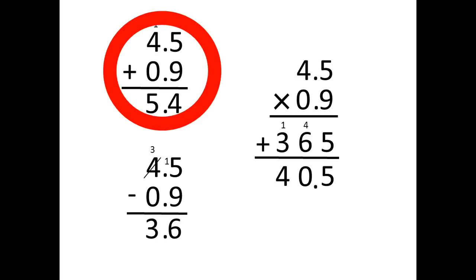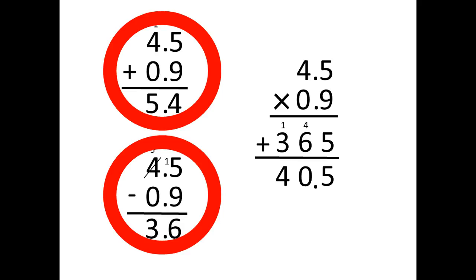Alright, let's take a look at each of these. This one here looks to be correct, and it is. How about the subtraction one? If you follow the process, it looks like the process is correct, so this equation is correct as well.